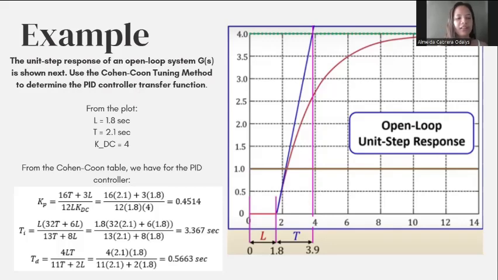As we can see, KP had a value of 0.4514, TI had a value of 3.367 seconds, and TD had a value of 0.5663 seconds.